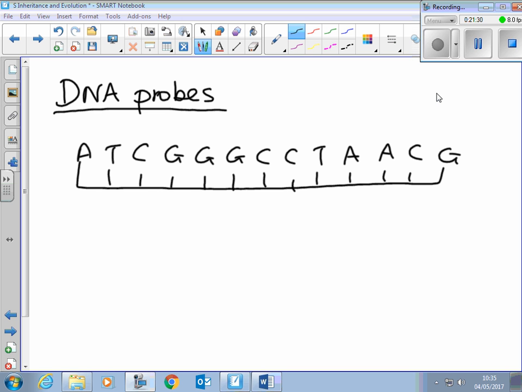Now, despite the fact that the DNA is a double-stranded structure, with the two strands held together, if you introduce a bit of single-stranded DNA, it will actually bind to any bit of sequence which is complementary. And if you quite simply label that little short piece of DNA, you've got two options really.